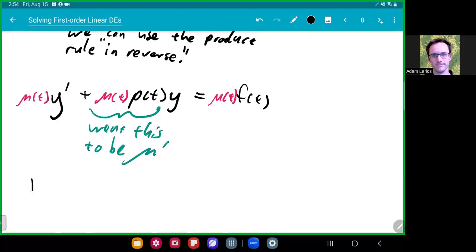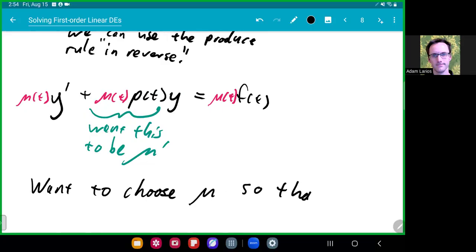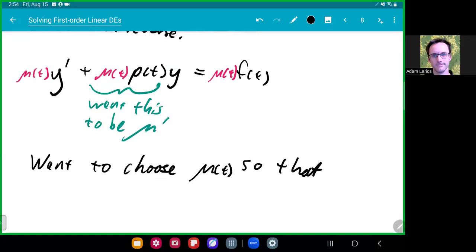We want to choose mu of t so that mu prime is equal to p of t times mu, like that. That would do the job, right? So the question is, can we find a function which works like that?